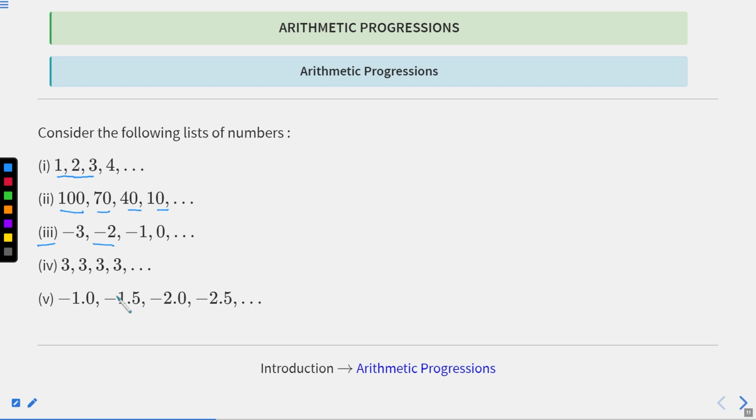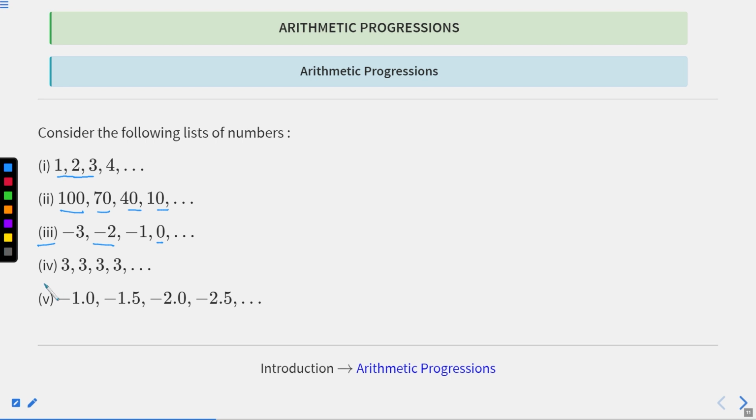Minus 2 is obtained by adding plus 1 to the preceding term minus 3, minus 1 is obtained by adding plus 1 to minus 2, and 0 is obtained by adding plus 1 to minus 1.